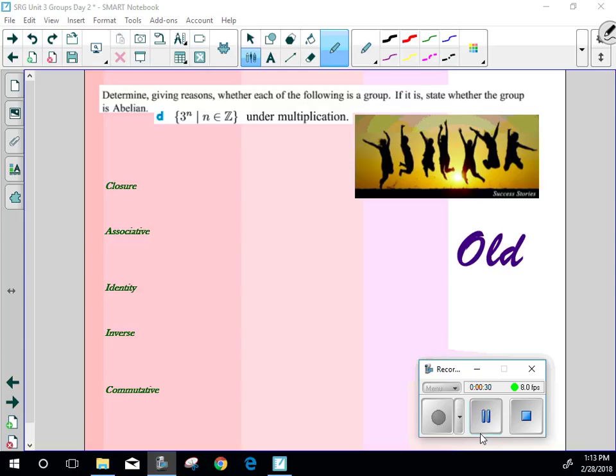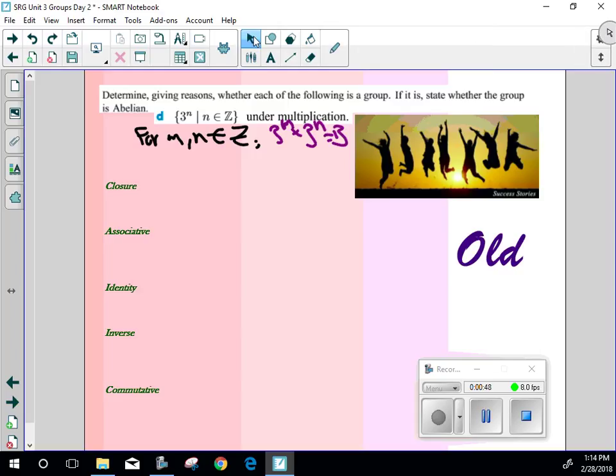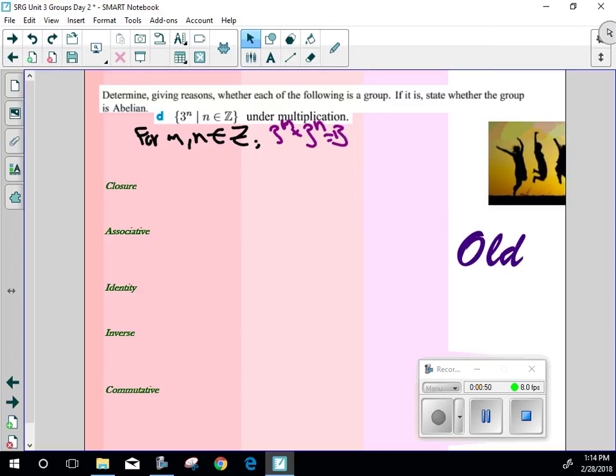So for closure, what they're going to look at for m and n, element of the integers, 3 to the m times 3 to the n is going to be 3 to the what? This is what Andrew was talking about. 3 to the m plus n. Now what's great about that?